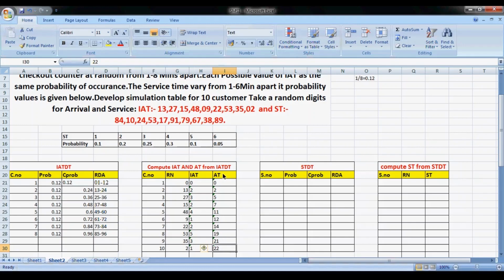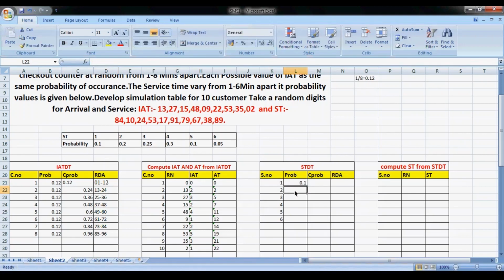Now once we find out the arrival time, next we need to find out the service time. This is the service time distribution table. In the question, the service time varies from 1 to 6 minutes and its probability values are given below. So you have to write service numbers 1 to 6, and its probability value is given in the question. For 1 it is 0.1.